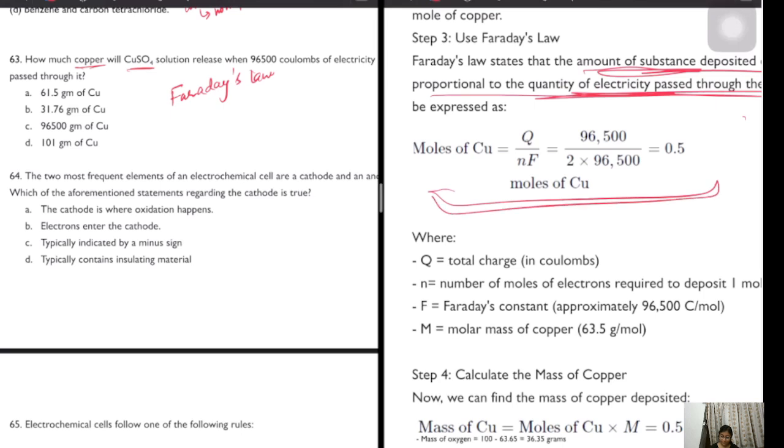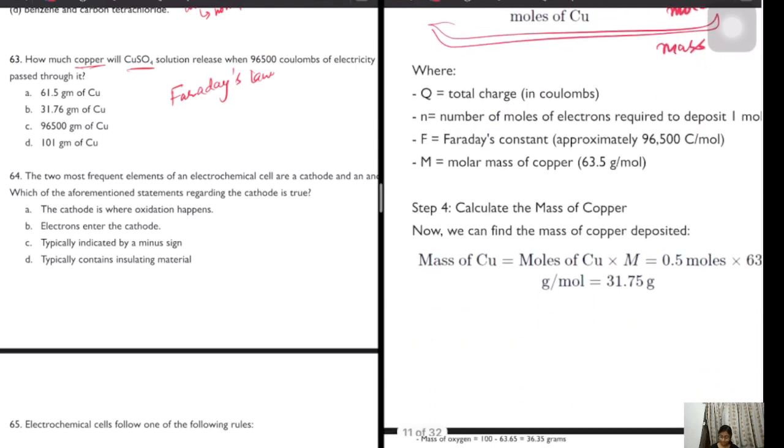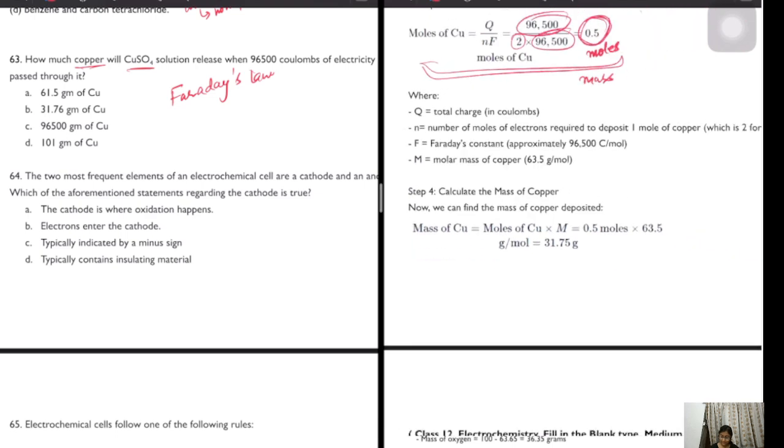Upon putting the values, we get 0.5 as the moles of Cu. But mass is asked. So we will multiply this mole by its mass, that is 63.5, which gives us 31.75. That would be our answer. What is F here? That is Faraday's constant, whose value is 96500.